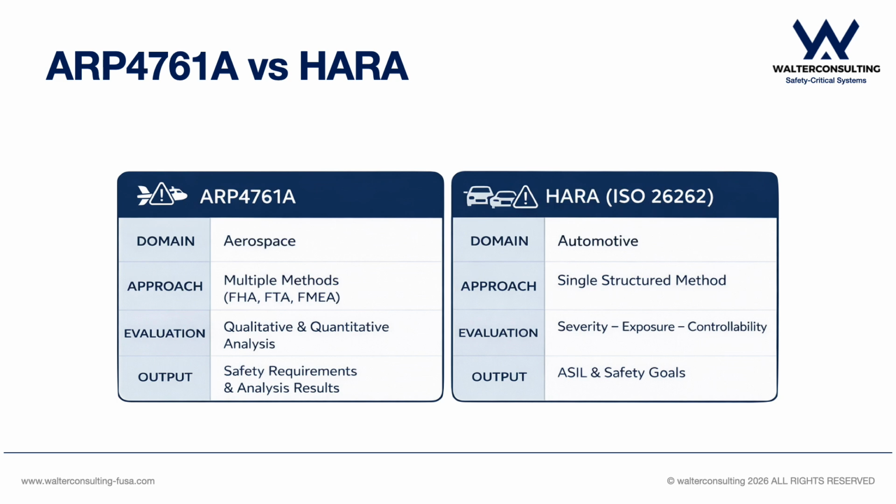It evaluates risk based on severity, exposure, and controllability. The outputs are also different. HARA defines ASIL levels and safety goals. ARP4761A provides detailed safety analyses and requirements, but both share the same objective: ensuring safe system behavior.